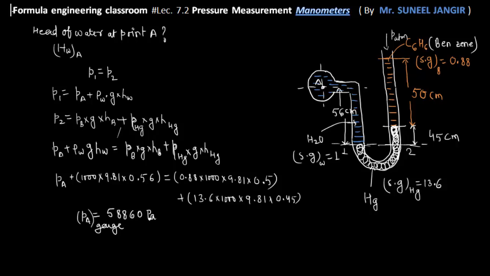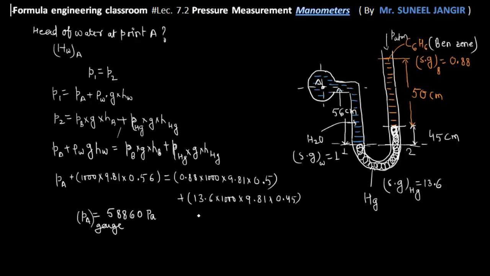Now, the question is, what is the head of water at the point A? We get the value in terms of Pascal, but the required value is in terms of meter of water. So I think by the use of the hydrostatic law, we can convert this gauge pressure into meter of water. That means we can say how much height of water is required to create this much pressure.